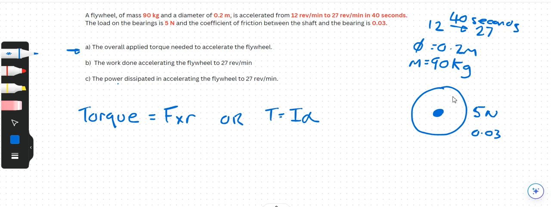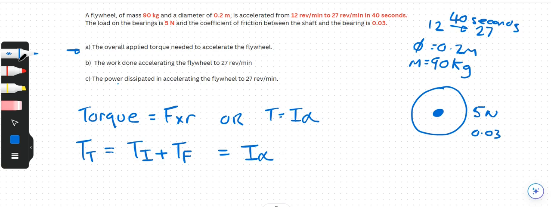First of all, we've got to think about the total torque. TT is total torque, and we've seen before that the total torque is TI plus TF. TI is the torque to overcome inertia, and TF is the torque to overcome friction. TI is I times the angular acceleration.